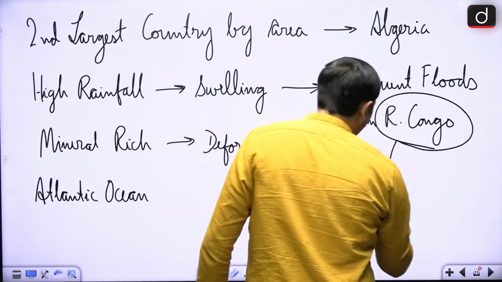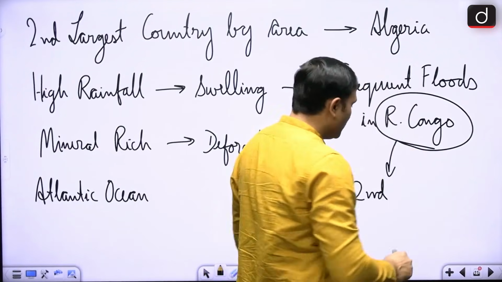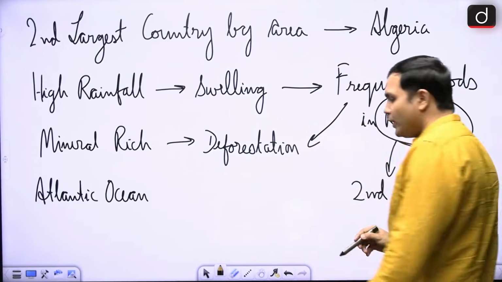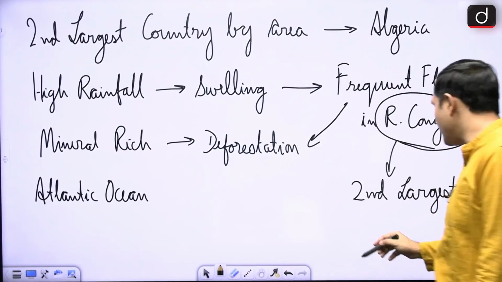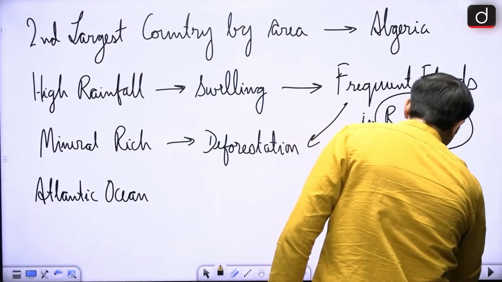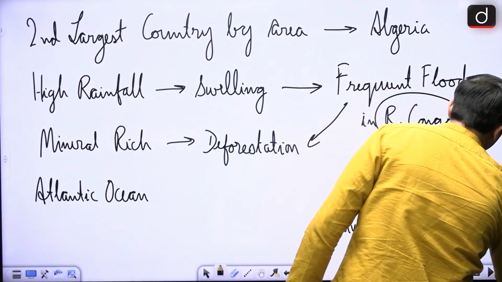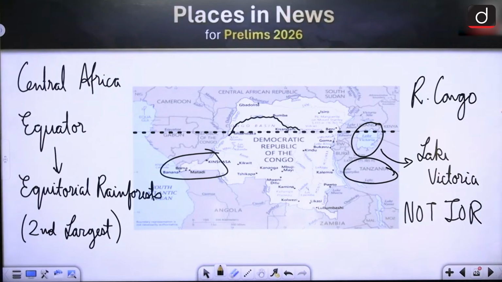Which is the largest river by water discharge? So second largest is Congo. Let's see how many of you are able to tell me the largest one. There is a lot of water that is there in this particular river.